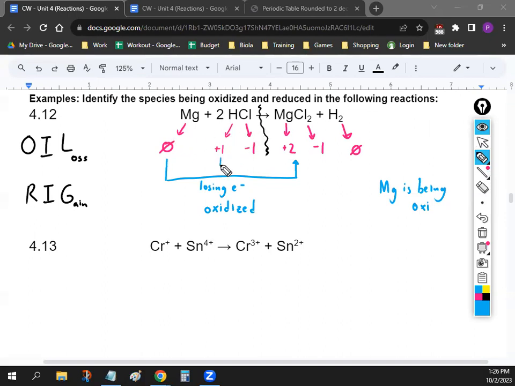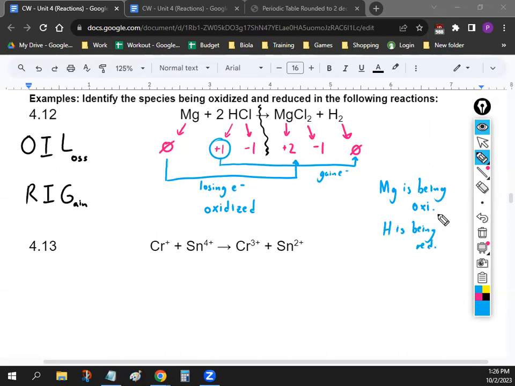Hydrogen goes from +1 to 0. So did hydrogen gain or lose electrons? Yeah, it gained electrons, right? It joined AP Chemistry. It was happy, and then it met Mr. O, and now it got a little less happy. So that means that hydrogen is being reduced.